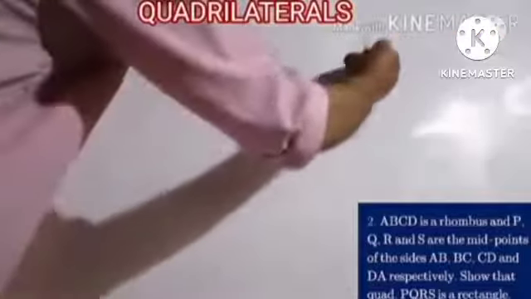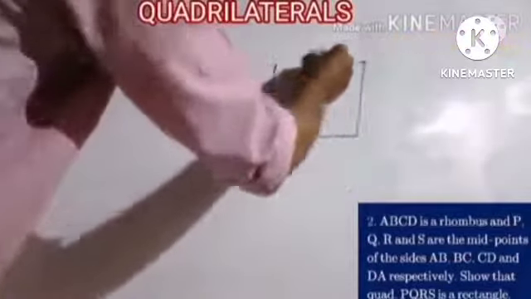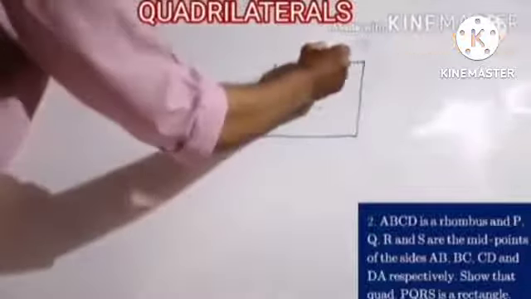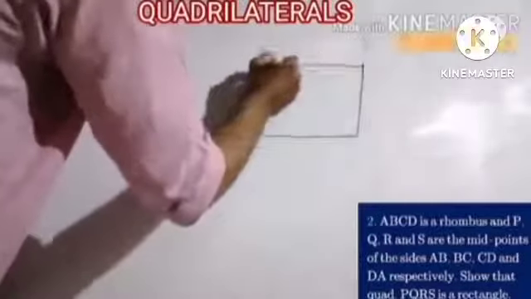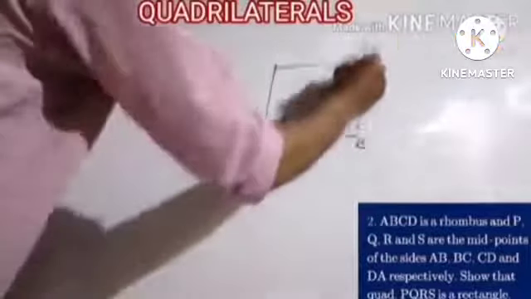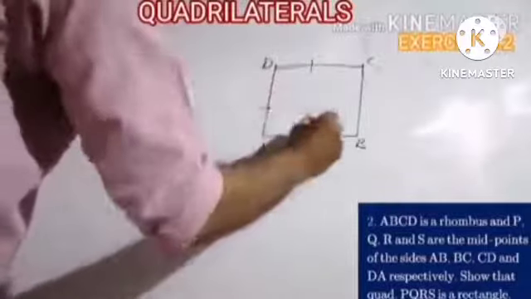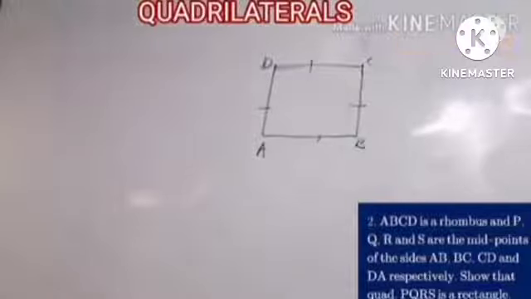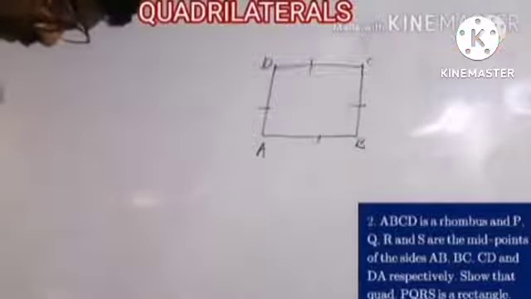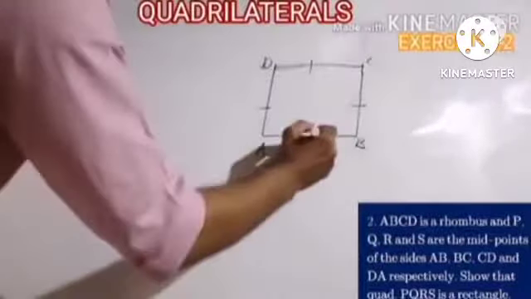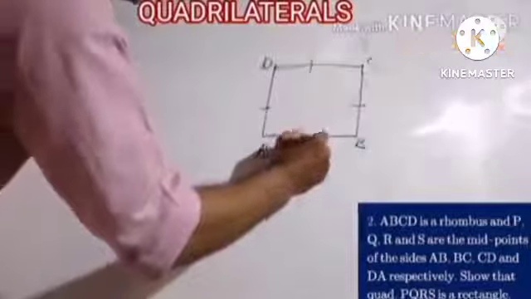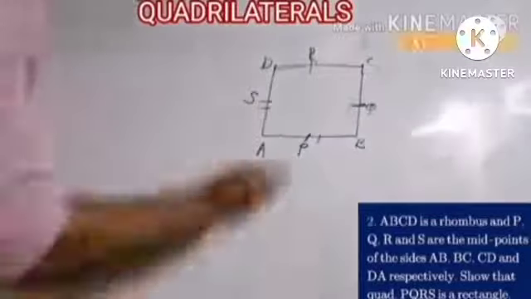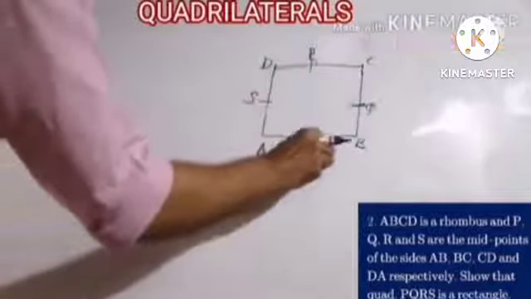We know that in a rhombus all sides are equal, opposite angles are equal, and the diagonals are perpendicular bisectors of each other. P, Q, R, S are the midpoints of the sides.